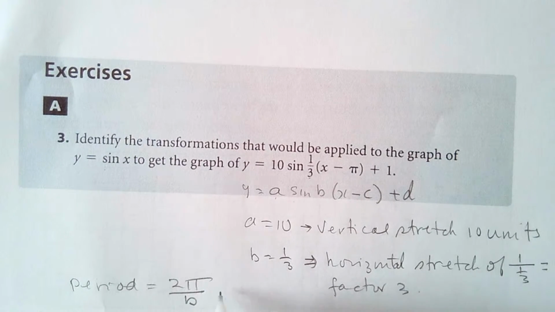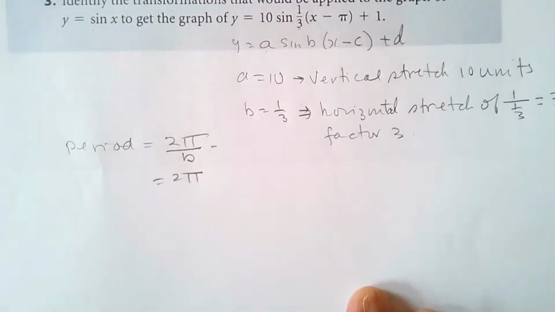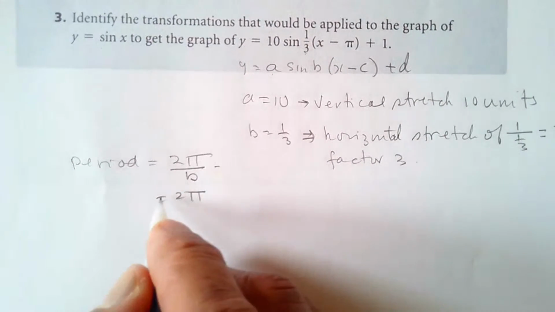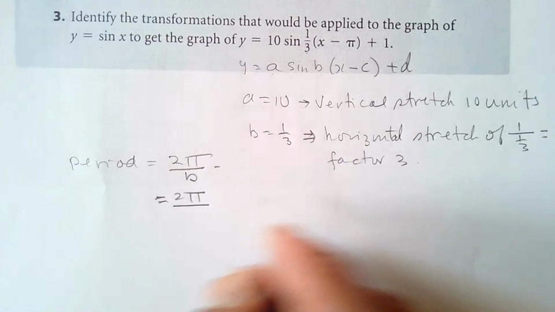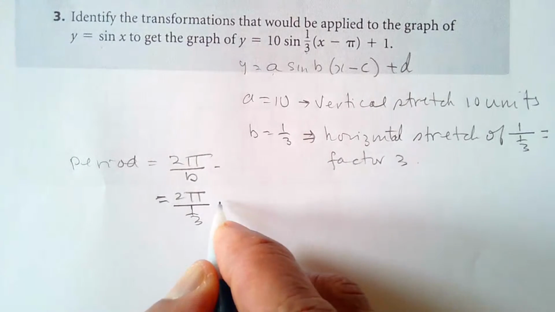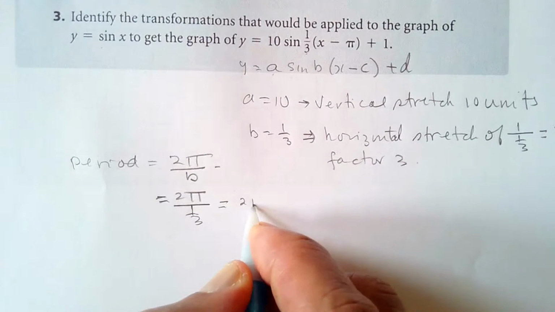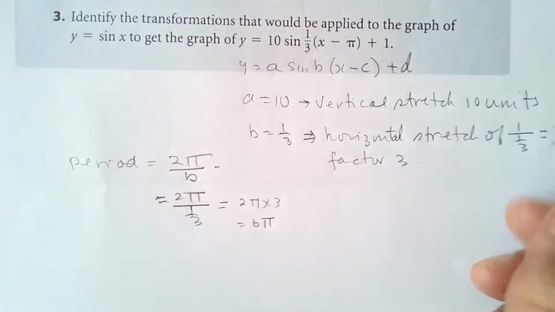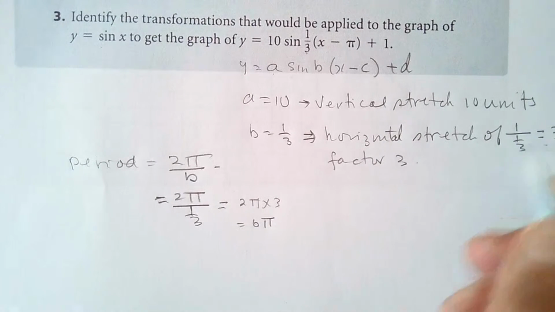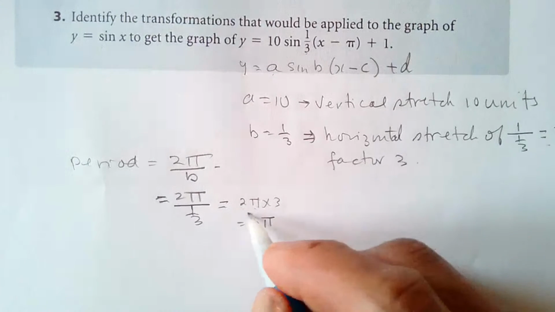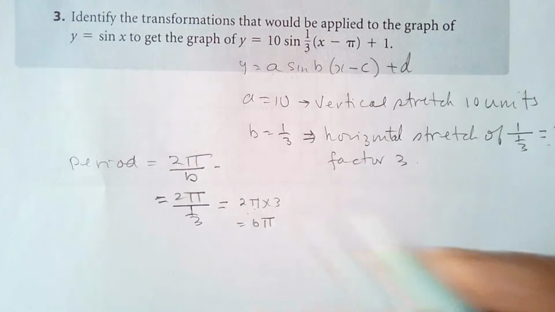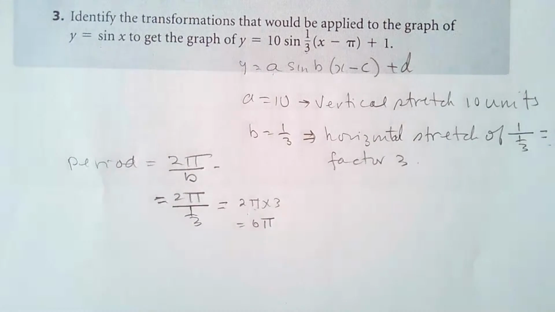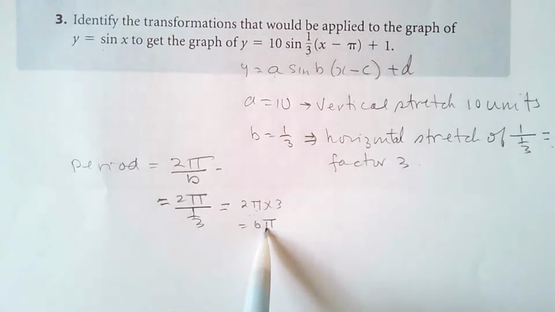So we have here 2 pi over 1/3, which is 2 pi multiplied by 3, which is equal to 6 pi. That's why I said it's 3 times. The regular is 2 pi. So it's a factor of 3, stretched 3 times. So instead of the period being 2 pi, now it's 6 pi.